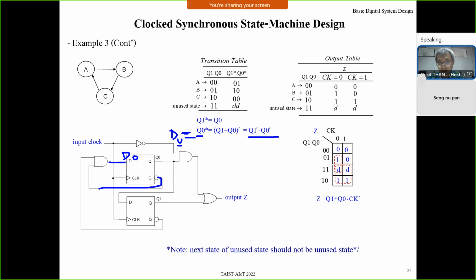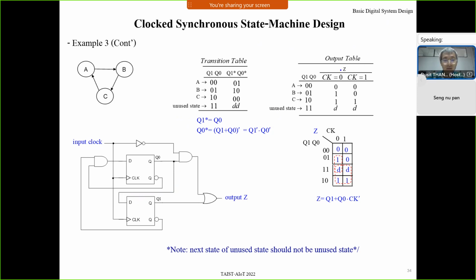This is Q0 prime, this is Q1 prime, and together they become the excitation signal of D0. For D1 equal to Q1 star, which equal to Q0. So Q0 connects to D1.